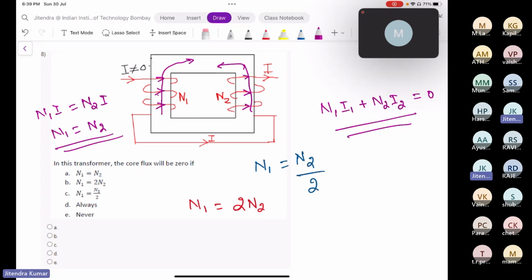Let's suppose in the problem, if instead of N1 and N2 had been given with n, then you could have chosen the option always, right? Because currents are also equal, number of turns are also equal, and direction are opposing each other every time. So in that case, they will always cancel each other, no matter how many turns you increase, no matter how much current you increase, it will always cancel each other and it will be zero.